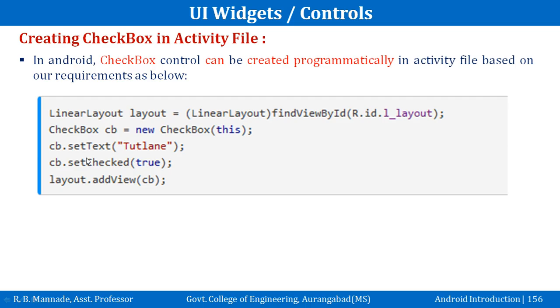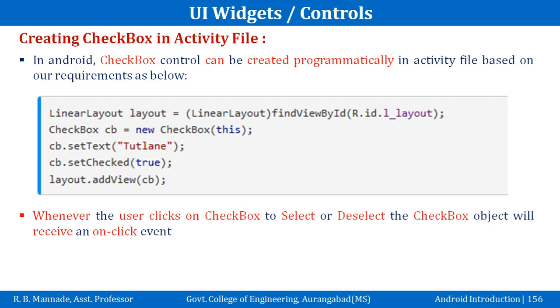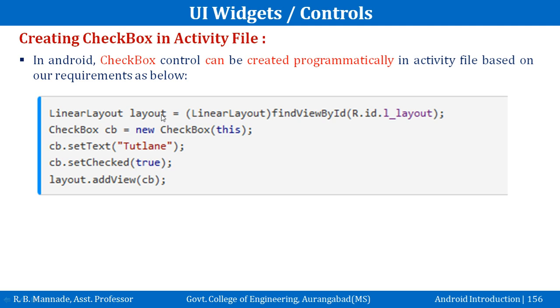Here, first of all, an object of layout is created, which is of type linear layout, and is mapped to the layout using findViewById and passing this particular resource ID. Then here, an object of the checkbox class is created, whose name is CB equal to new checkbox, and this is the current context of that application. Now CB is the object of the checkbox class.